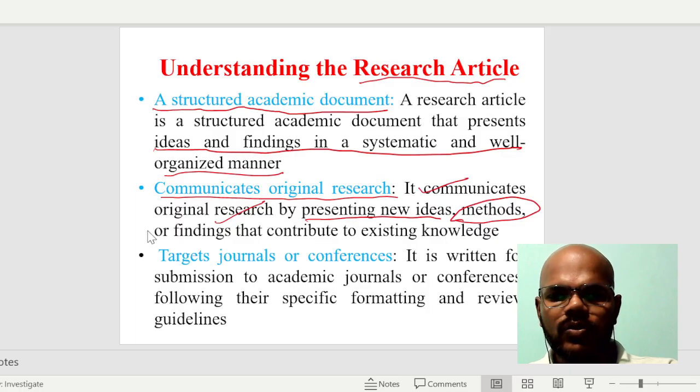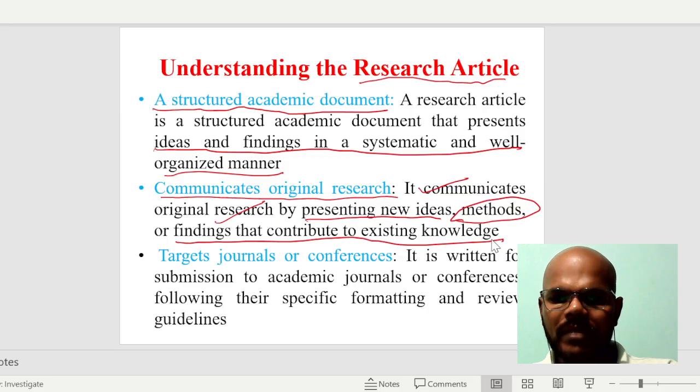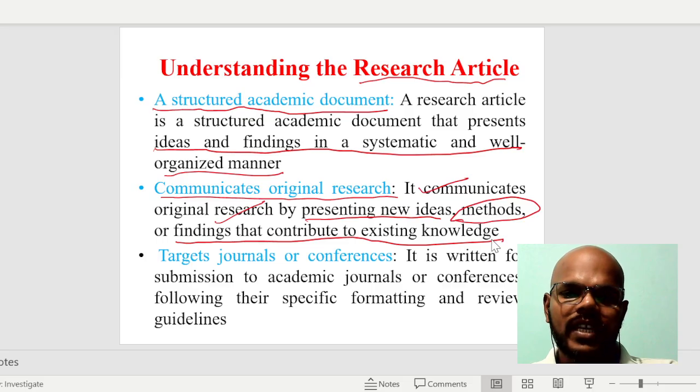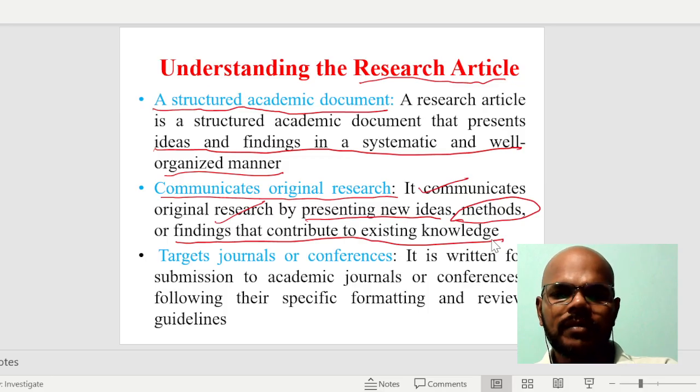It will have new ideas and findings that contribute to the existing knowledge. That means someone already has some knowledge or method, so we can go for an extension of that existing knowledge. This is also one of the key aspects of a research article.